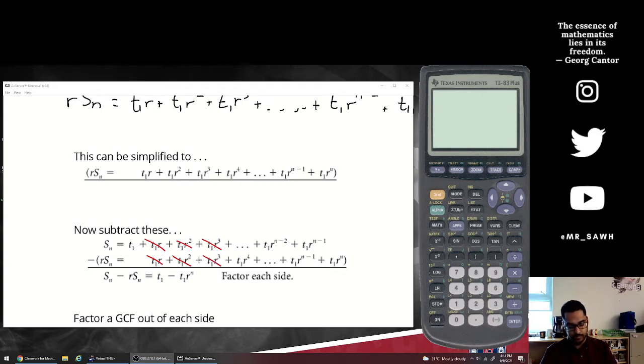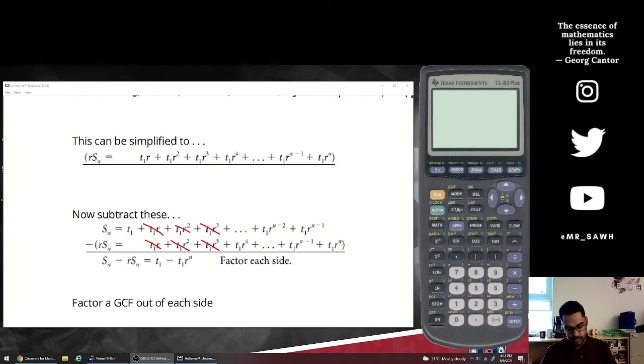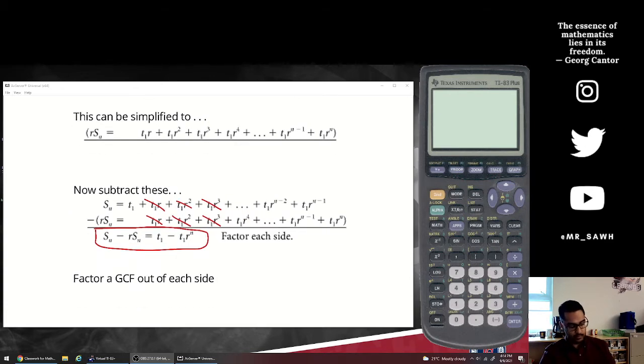Things will cancel until all you're really left with is this: your first term minus your first term times that ratio n times. Everything else will cancel.